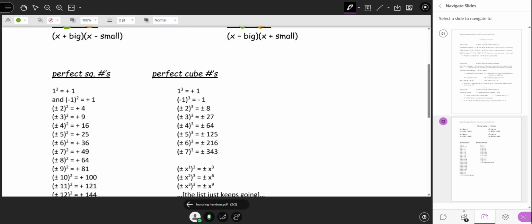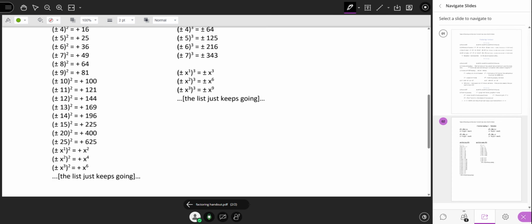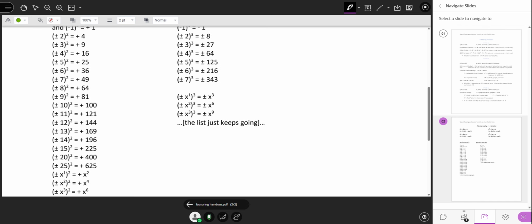But if it's a perfect cube number, a plus cubed is plus, a minus cubed is minus. Now, your most common perfect square numbers are here. Your most common perfect cube numbers are here.